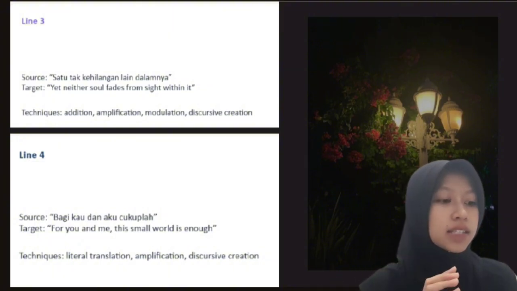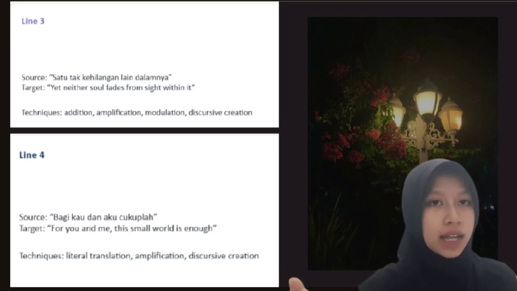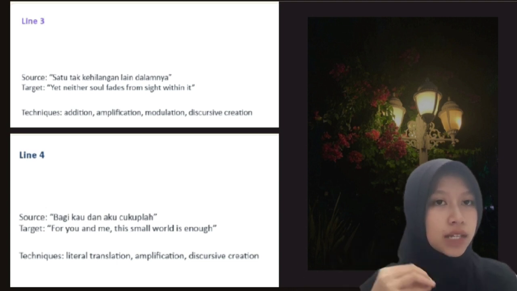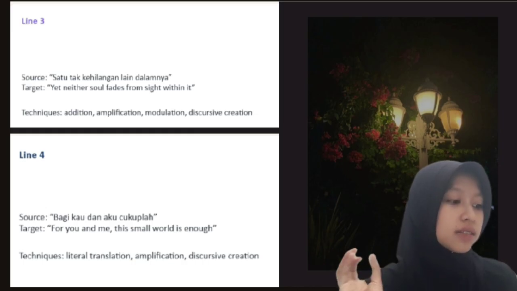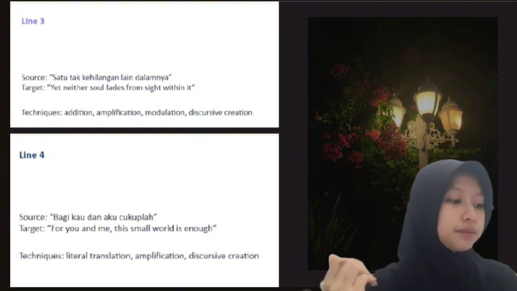This "fades from sight" is a translation of "kehilangan," but instead of using "losing," I want to make some imagery, so I use "fades from sight," so it appears more poetic.